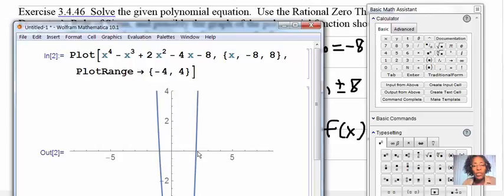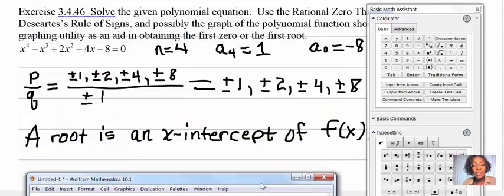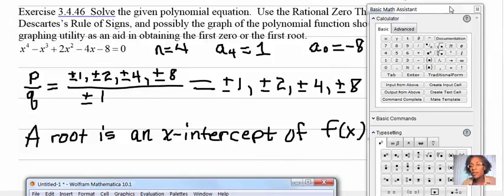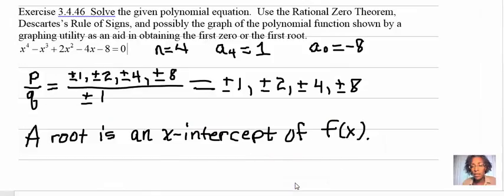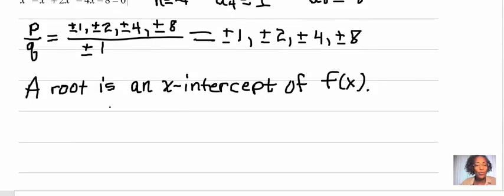So now let's leave Mathematica and go back. We see that of our possible rational roots, -1 and +2 are actually rational number values that are roots.